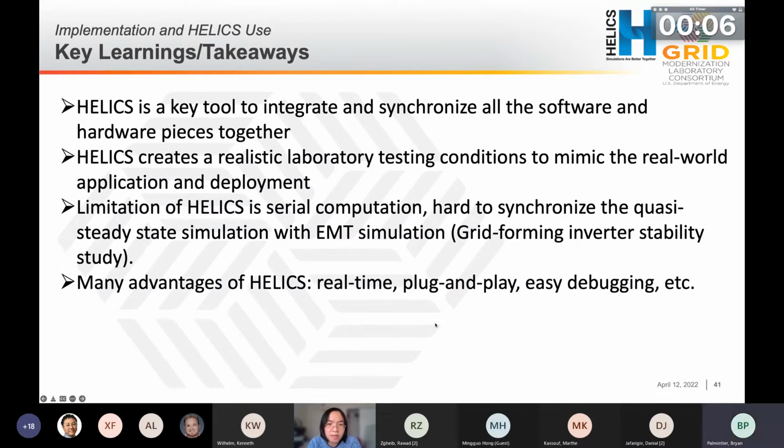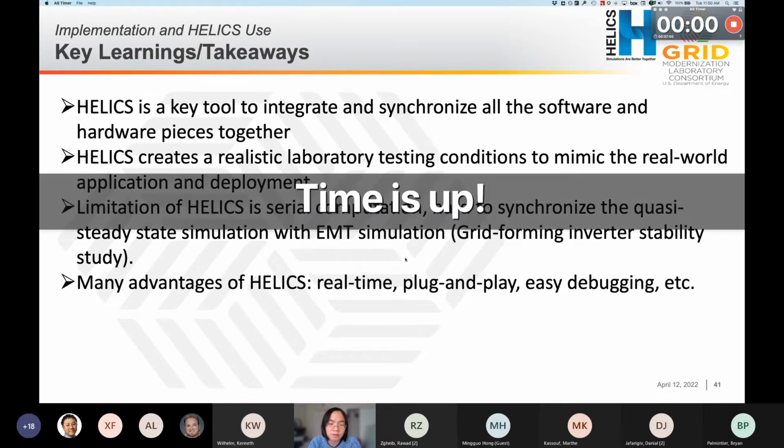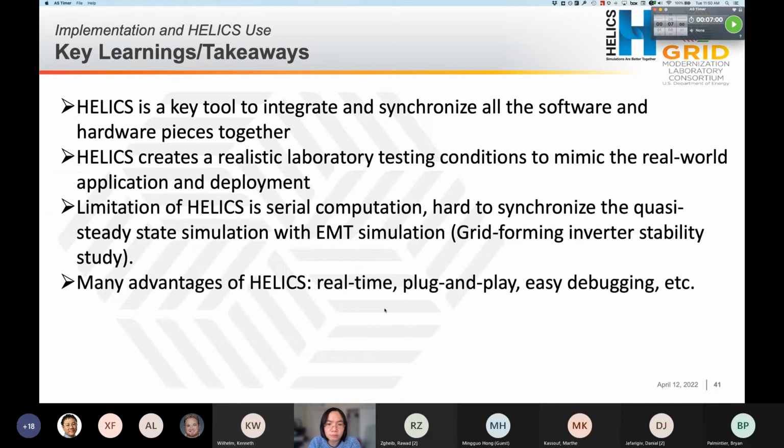First of all, I think Helix is a really cool tool to integrate and synchronize all the software and hardware pieces together. It can make the simulation model run in real time, run control in real time, and control dispatch of the devices, inverters or legacy devices, with industry standard protocols.